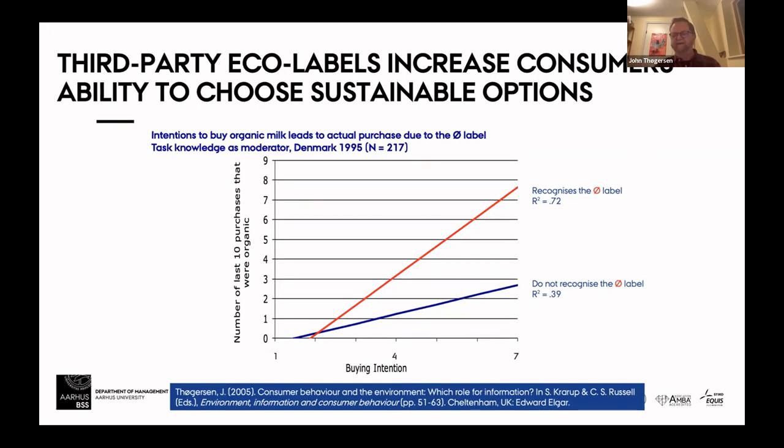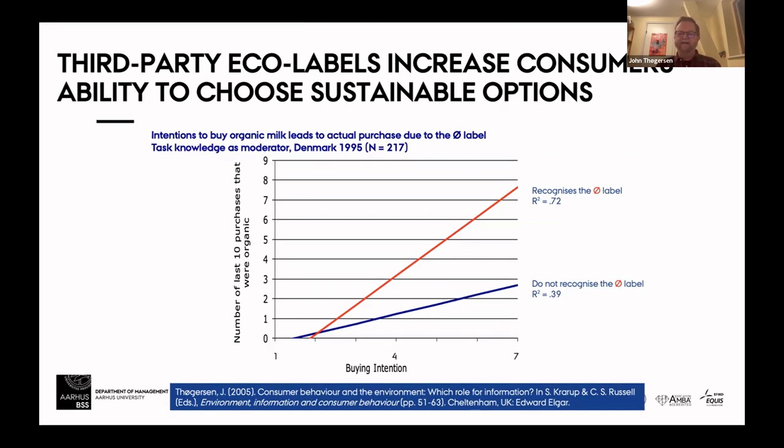Then we asked participants in the study to pick the right one, and about half of the sample were able to pick the right label. That's the one that we represent by the reddish line there, and the other half did not recognize the label. Those are represented by the bluish line.